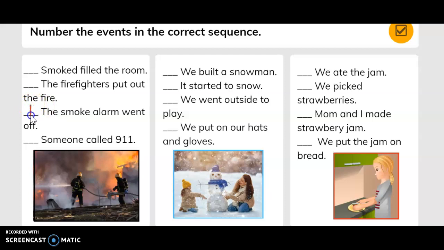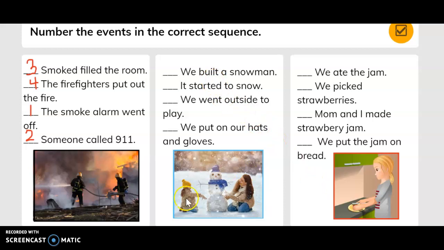So I'm going to put 1 for the smoke alarm went off. 2, someone called 911. 3, smoke filled the room. And 4, the firefighters put out the fire.